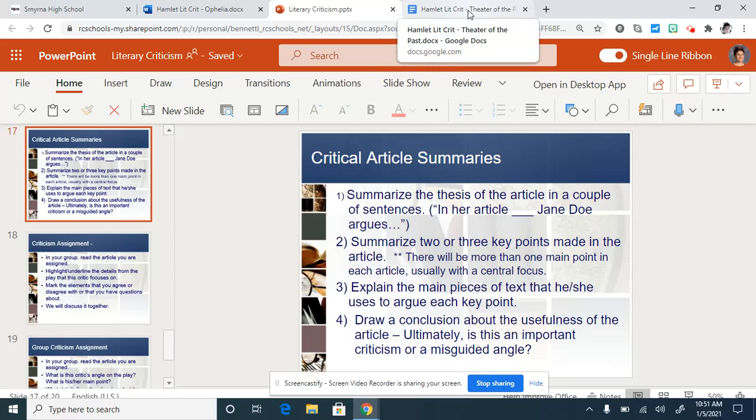All right, so when you go to look at your homework, and this is on Teams, you should use these examples to help you write your summary of the other article that is linked here on Kiddom, the Gertrude article. It's a very interesting article that does a lot with a character who has even less to go on than Ophelia in the article that we just read.